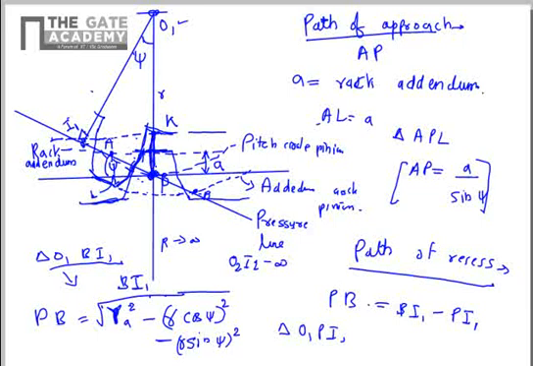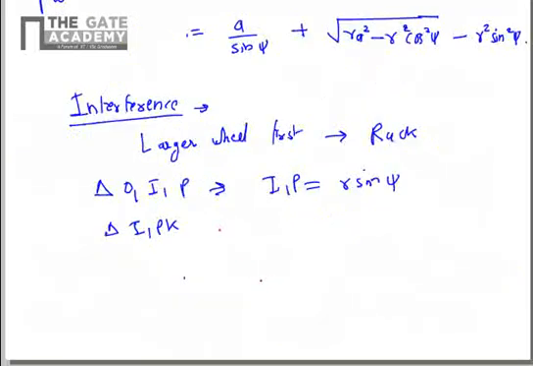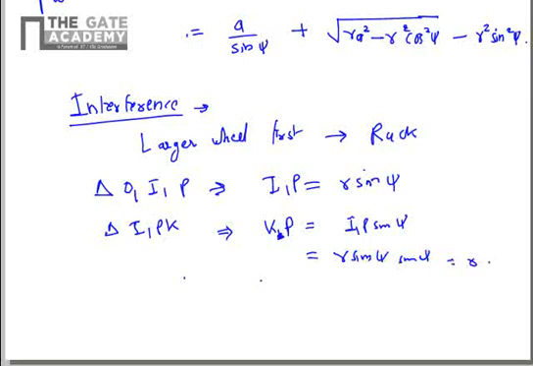So KP will be equal to I1P, and this angle will again be xi. So KP is equal to I1P sin xi. This is equal to r sin xi times sin xi, equal to r sin square xi. So this is a max.